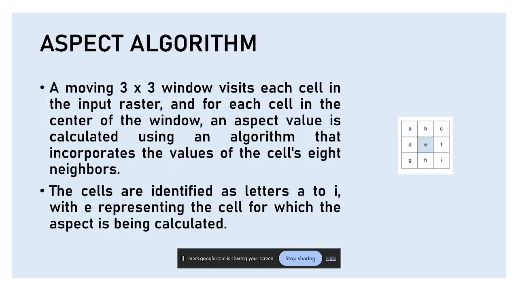Now here we have an aspect algorithm. So here I'm discussing it because it's coming in the upcoming slides also, so I thought it's better to talk about it here.